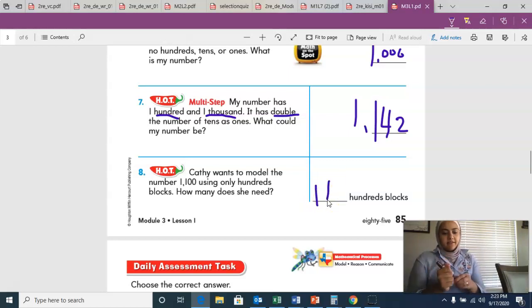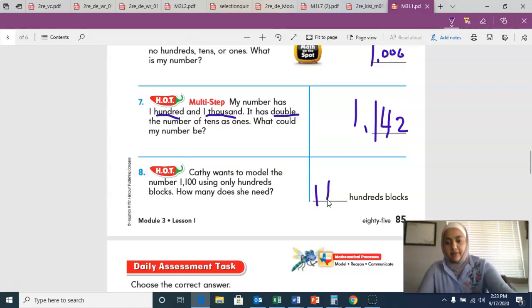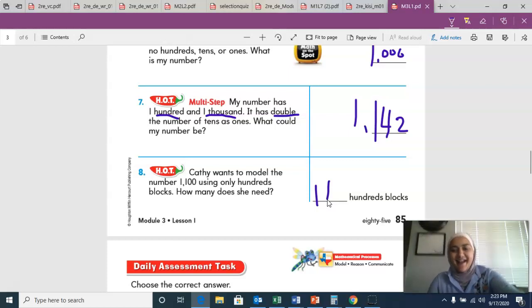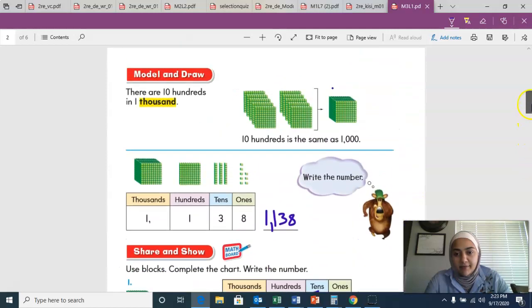Did I say that too fast? I think I did. I'm going to back it up. Don't freak out. She wants to model the number 1,100 using only 100 blocks. Remember up here, for this 1,000 block, we have 10 of these.